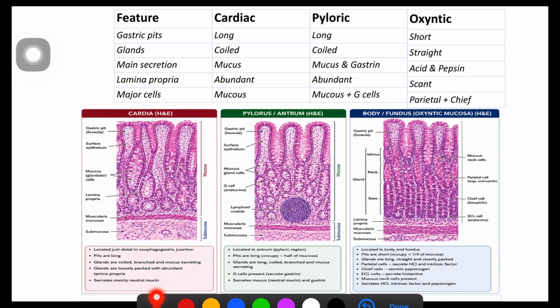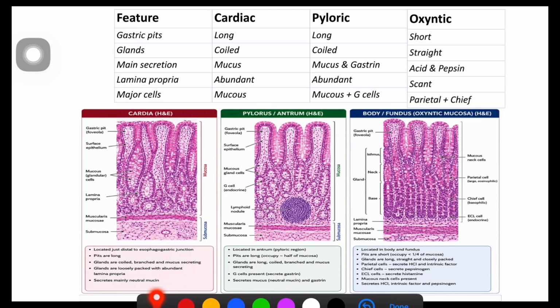So just to revise, gastric pits are long in the cardiac and pyloric regions compared to the glandular mucosa, whereas in oxyntic they are short compared to the glandular mucosa. Glands here are coiled, here straight glands are there.